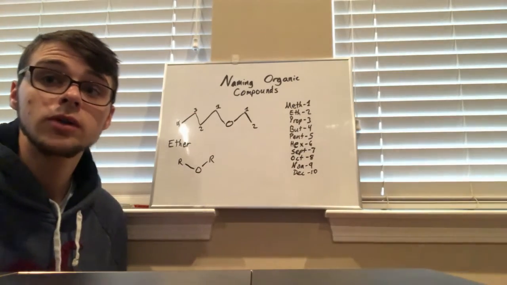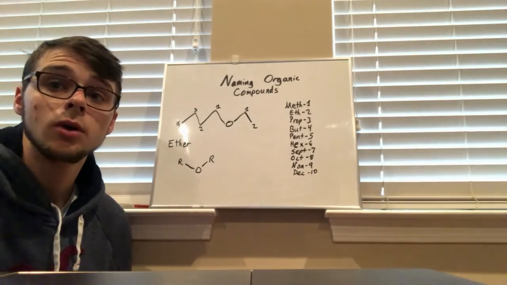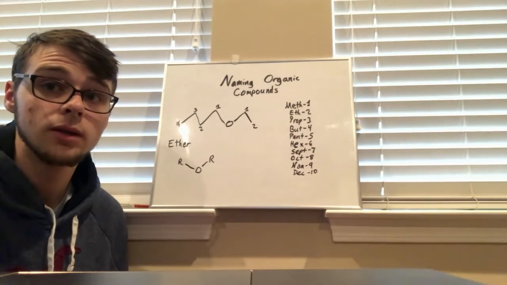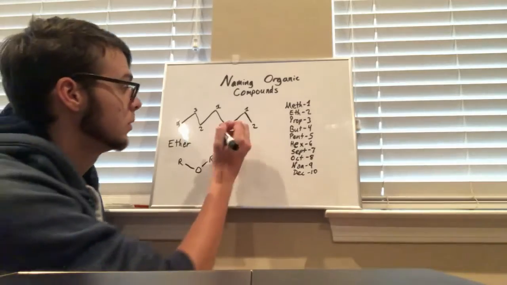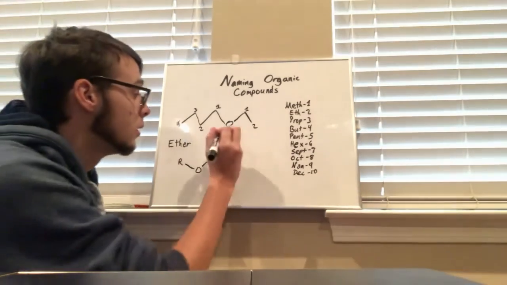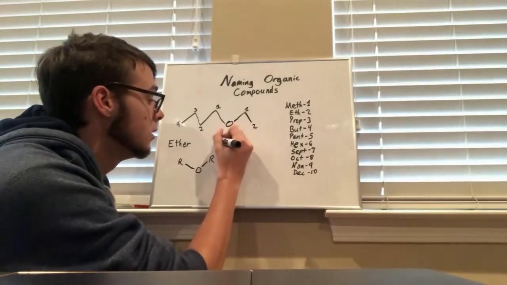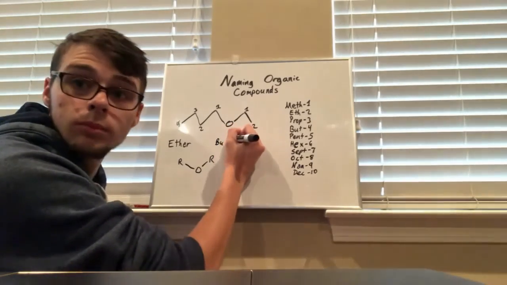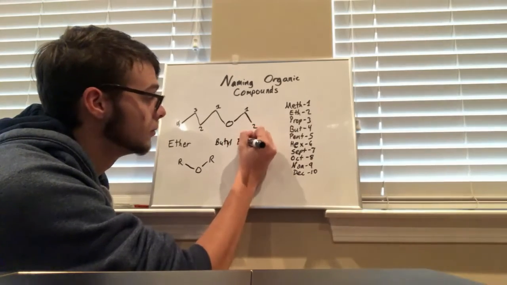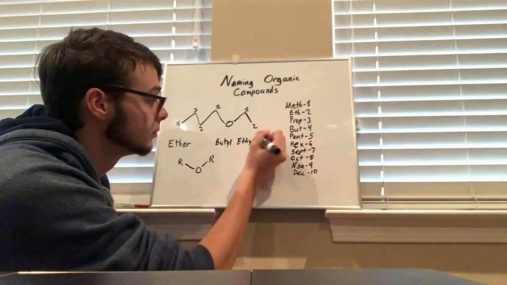So in order to name ethers, we combine the two names of the chains and then add ether to the end. And we still have to make sure it's in alphabetical order. So this would be butyl ethyl ether.